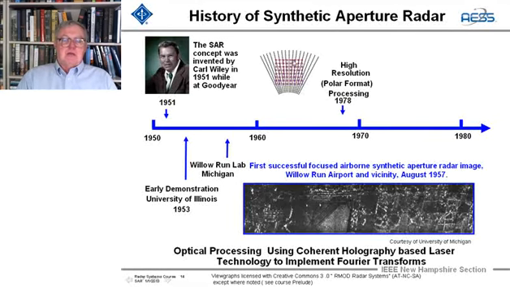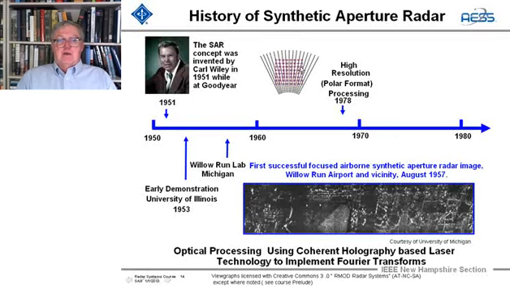Then it was realized that doing these optical transforms was difficult in the polar format in which the data is collected. Here you can see you transmit out to a range, and then you sample it in range, and then take the Fourier transform, and then you're going to want to take another Fourier transform across the aperture.